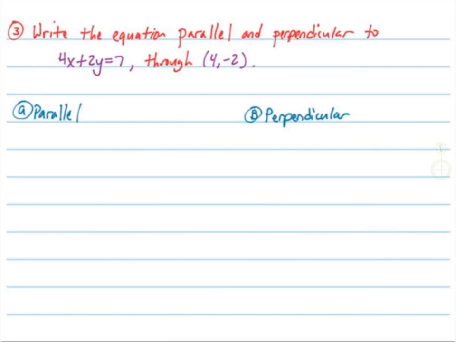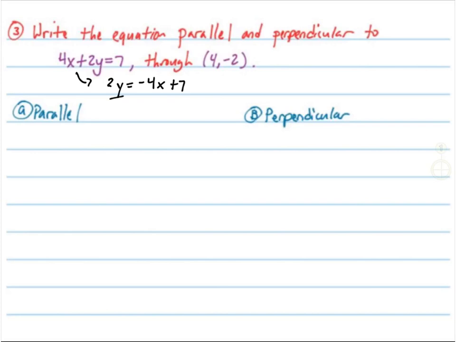This time we want to write an equation parallel and perpendicular to the line given through this point. We want one equation parallel and one perpendicular. But there's a problem. This particular equation is not written in slope-intercept form, so we have to find its slope by rewriting it. The first thing we're going to do is move the x over, which gives us 2y equals negative 4x plus 7.